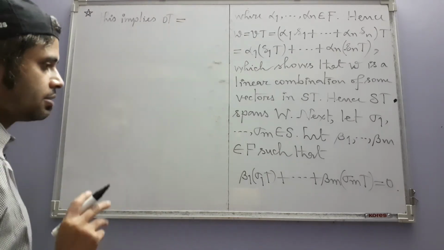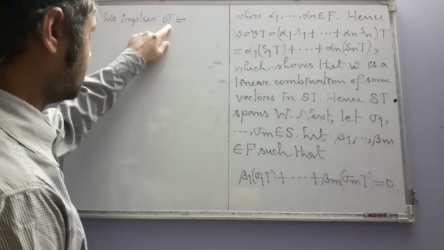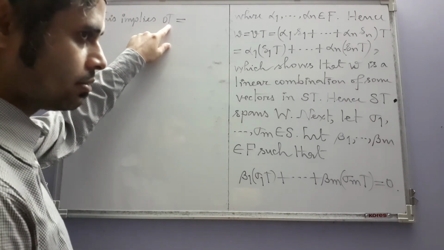Because T is a homomorphism, the image of the 0 vector under T is again the 0 vector.